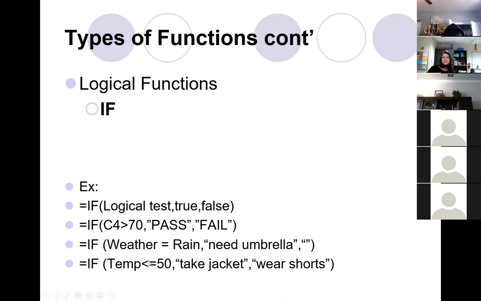If the temperature is less than or equal to, so there you can see how we write less than or equal to, and then we can also do greater than or equal to. If it's less than or equal to 50, we'll take a jacket. If not, I'm going to wear shorts. Okay, so that's that logical thinking. You're asking the question, if it's true, we're going to do this. If it's false, we're going to do something else.